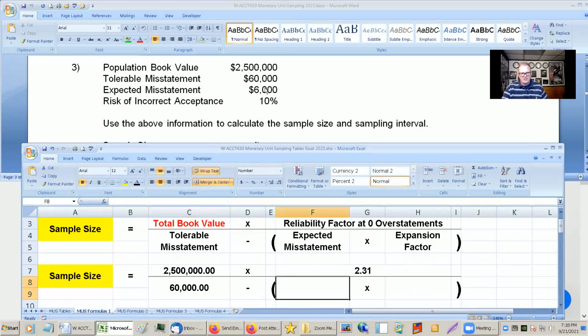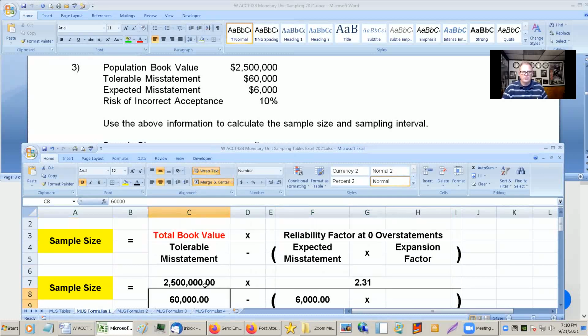The expected misstatement is 6,000, times the expansion factor, 1.5. So this is number 3.